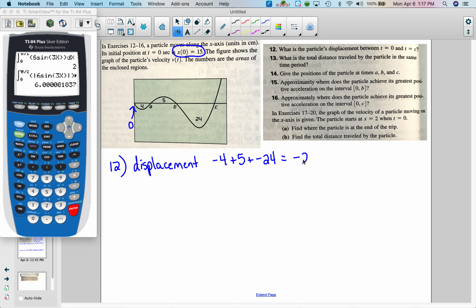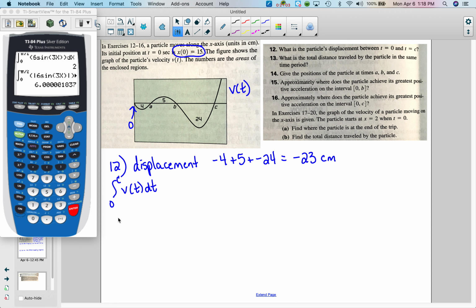So we get -23 for our displacement. And that would be centimeters. And because this is v of t right here, if we needed to show a symbol for this, we could say we're integrating from 0 to c of v of t dt, because that kind of shows that we understand what it is that we're doing.